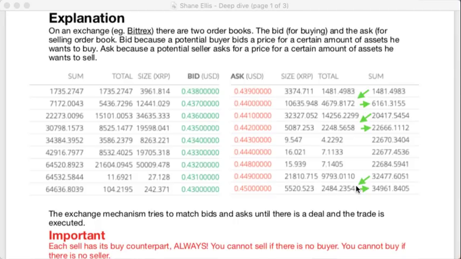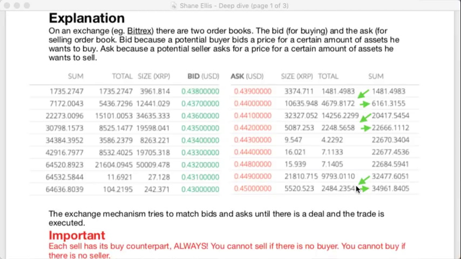An ask is basically the price a seller asks for a certain amount of XRP he wants to sell. The exchange mechanism tries to match those bids and asks until there is a deal and the trade is executed.